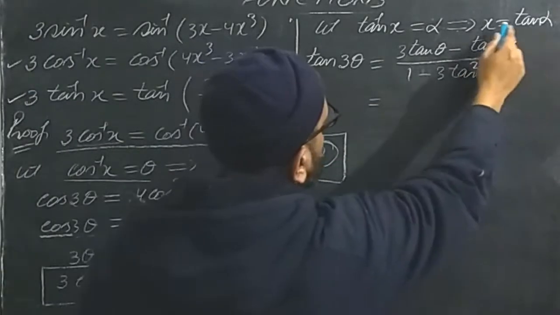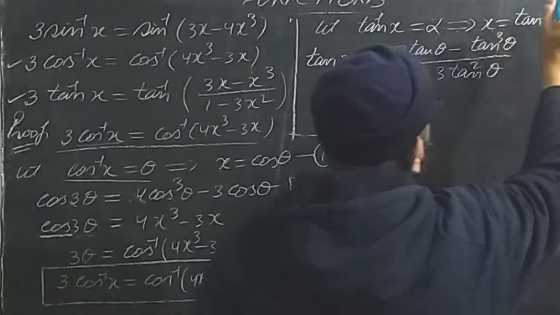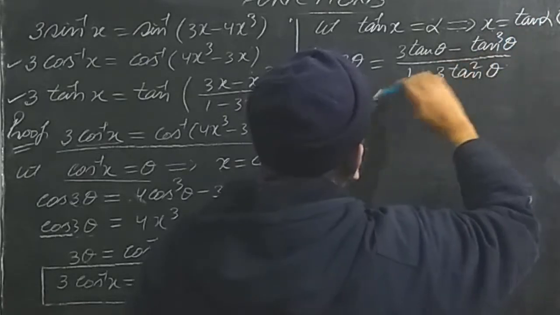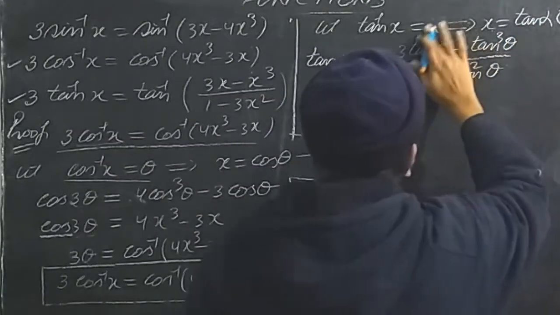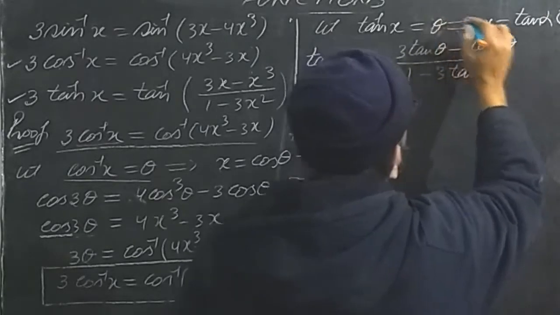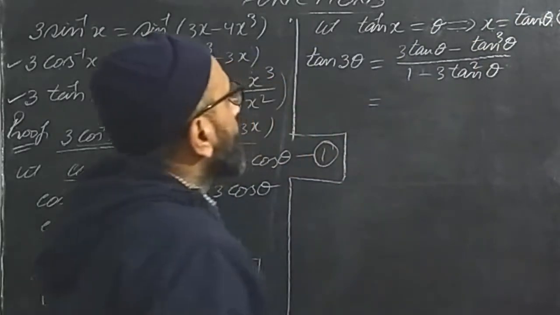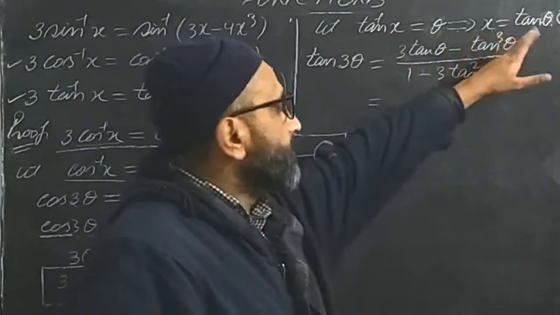Let it be equation number 1. We have written tan 3 theta, so it is better to write theta; it doesn't matter. By mistake we have written alpha here and theta here. So let it be theta: tan inverse x is equal to theta, then x is equal to tan theta.